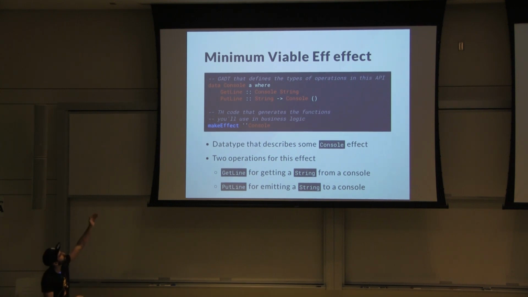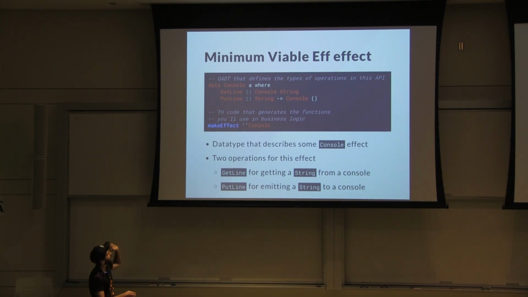So we can represent that here. I'm not going to explain GADTs in detail, but you will need to turn that extension on to use this sort of thing. The idea is that we'll define this data type in this special syntax that you may or may not have seen before. For any sort of reader effect, you're going to just create a data type with no inputs.